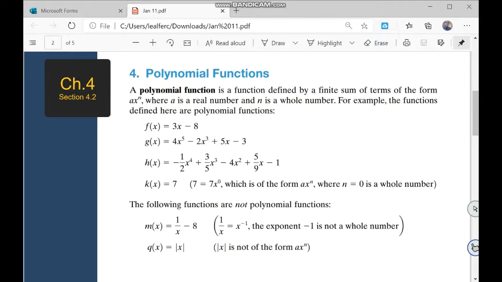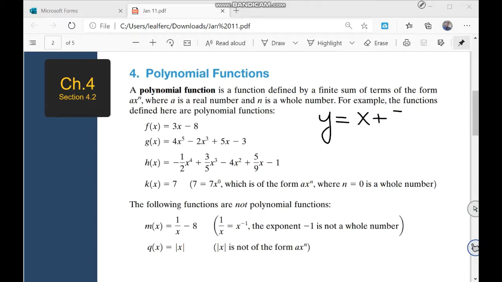It's about polynomial functions. A polynomial function is a function defined by, and you have the definition here, a finite sum of terms of the form a times x exponent n. Last semester, we talked about functions. The main characteristic of a function is you have one y for each x. Let's say we have the equation y equals x plus 5.